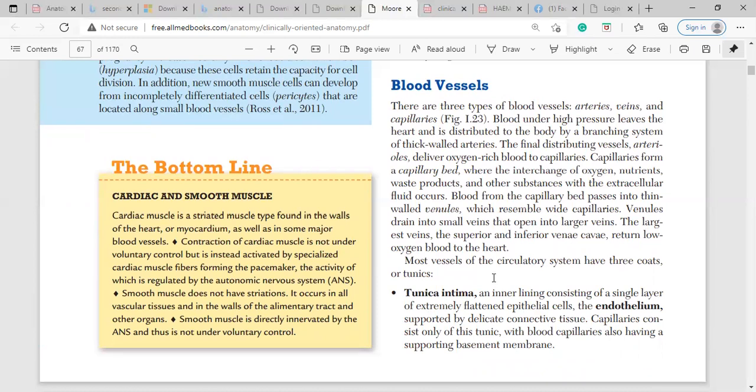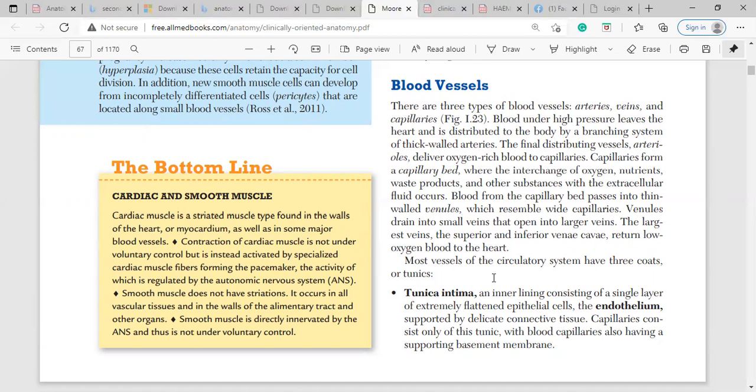And as the blood is leaving those two pumps, the right ventricle and the left ventricle, the blood is entering vessels. Because we said that for blood to leave the heart, it must be carried by arteries. So the function of arteries is that arteries carry blood away from the heart. Okay?